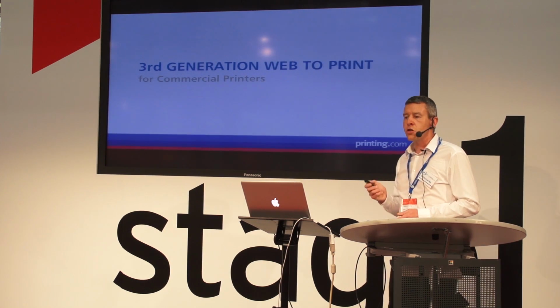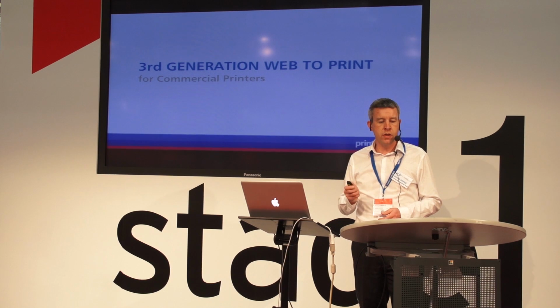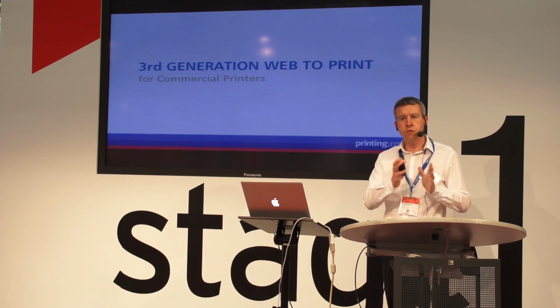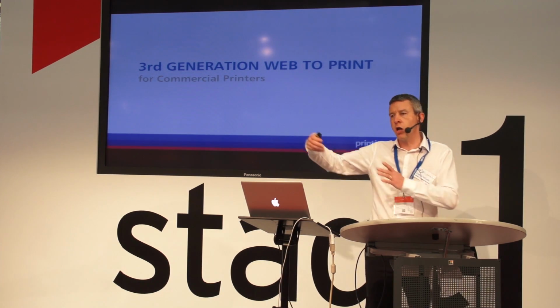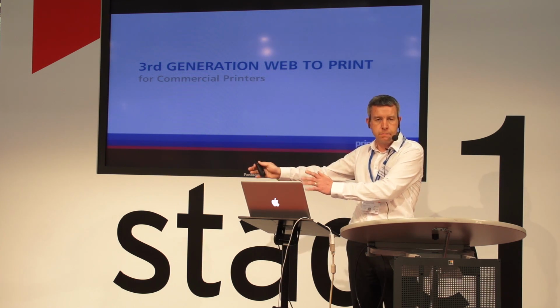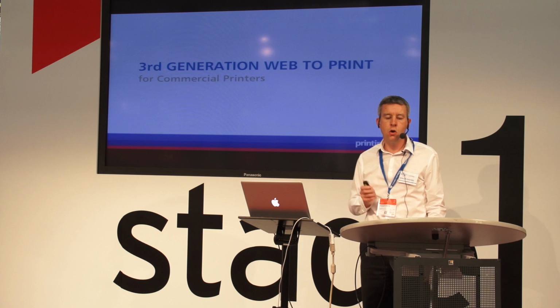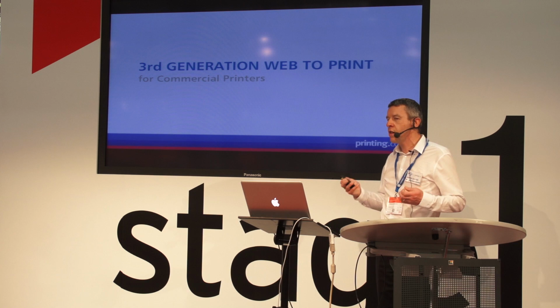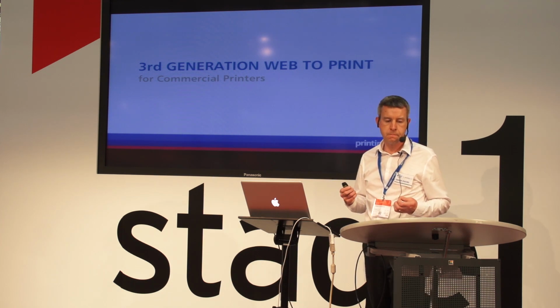W3P is a third generation web-to-print system for commercial printers. It's a system to feed work straight from the web directly onto a commercial printer's printing presses. Now, we're told by our existing integrators that it does some really cool stuff.